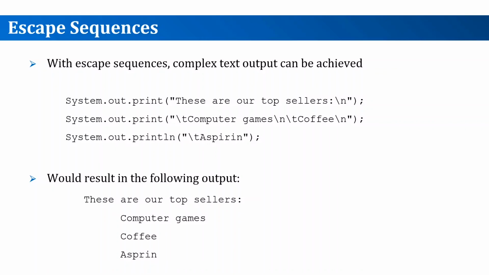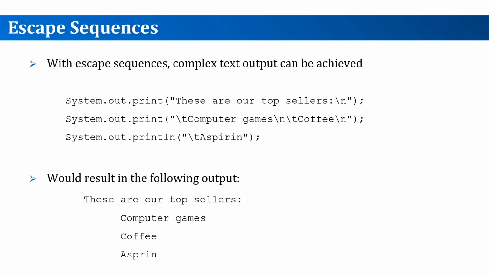At the beginning of the next print statement, we have a \t, which creates a tab. Then it prints computer games, followed by a \n, which takes us to a new line. Another \t, followed by coffee, then another \n, which takes us to a new line, and then \t for a tab, and then the print.